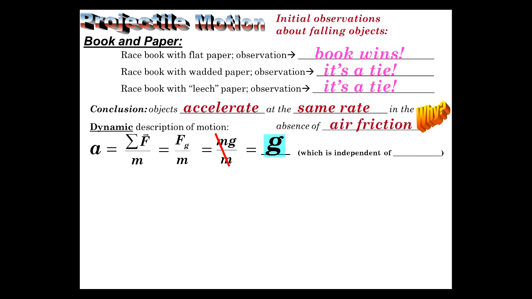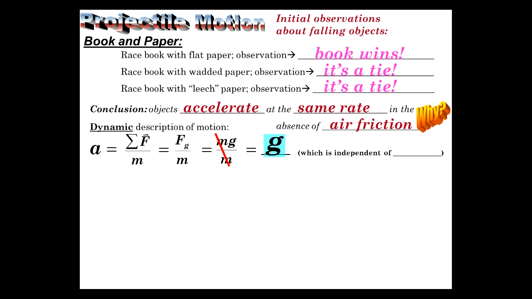And intuitively, you can think of that as being because a bigger mass has a larger force. The mg is bigger, but it's also more inertia, which is m, essentially. So the proportionately greater force is precisely canceled, if you will, by the proportionately greater inertia, both being tied to the mass.